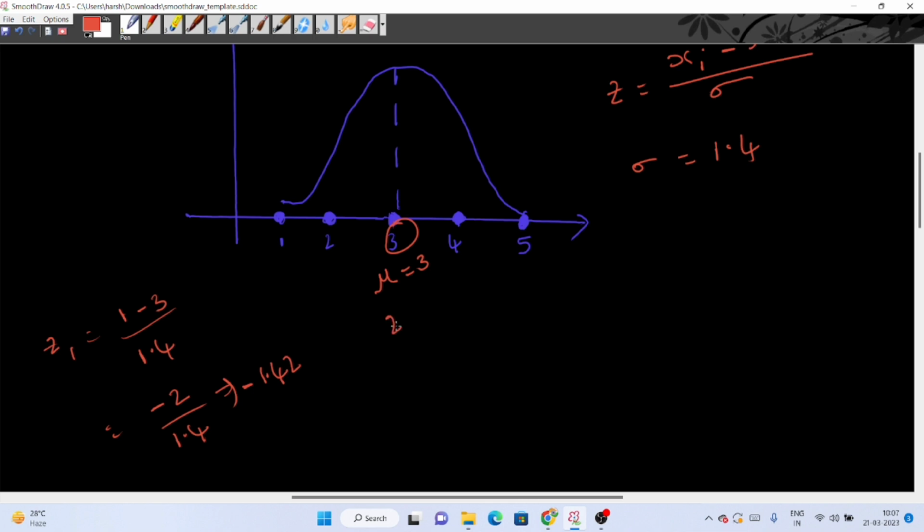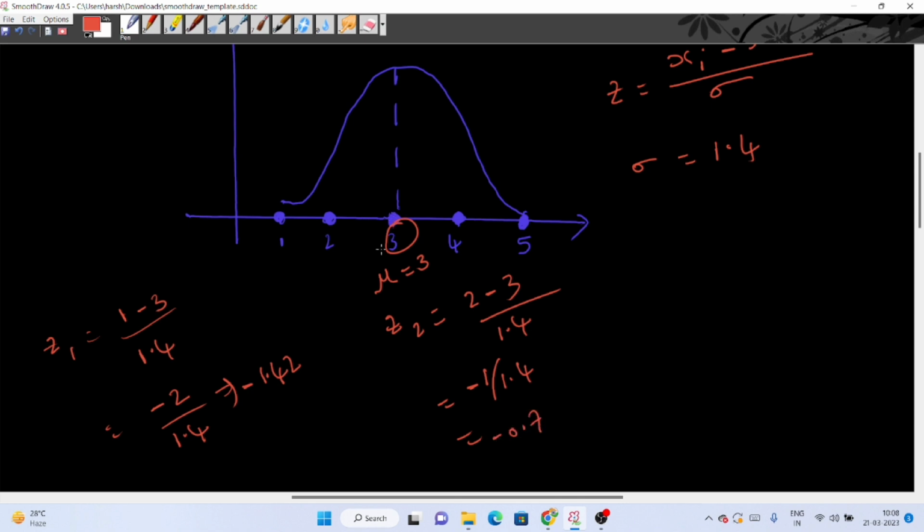And we may calculate z 2 now. z 2 equals 2 minus 3 divided by 1.4. That equals minus 1 by 1.4.